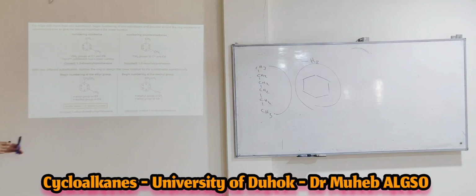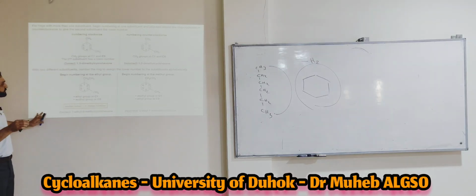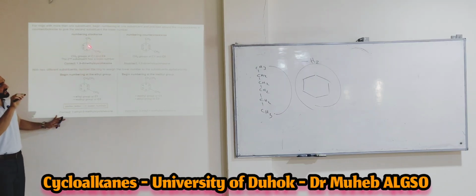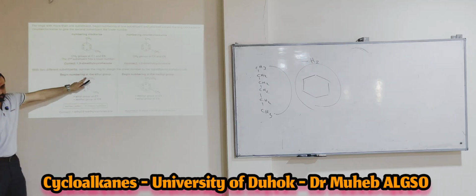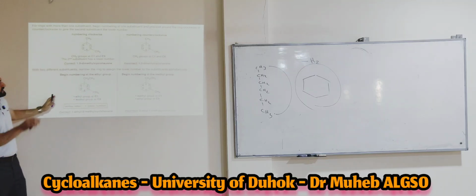Okay, let us go to the second example, with two different substituents, like methyl and ethyl. Number the ring to assign the lower number to the substituent that comes first alphabetically.